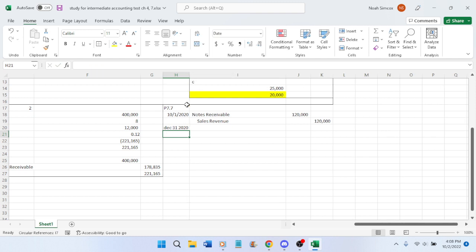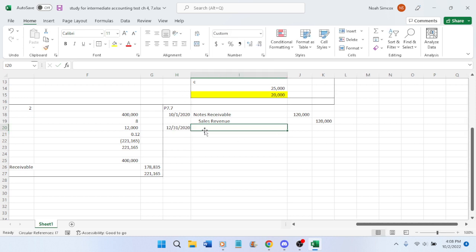I thought it was going to be automatic. So, they are owed interest, so what? Money is owed to them. Interest receivable, interest revenue.